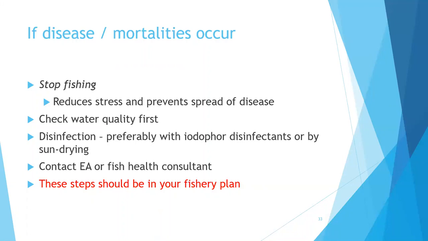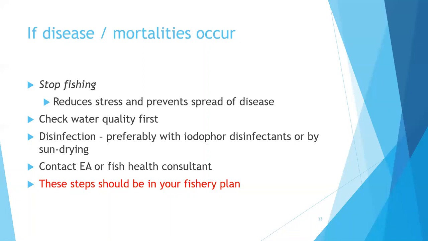Some of these iodophor based disinfectants, or Virkon and things like that, to try and limit the risk of them coming onto your fishery. And then if you start to see a sustained mortality, contact your fisheries officer and get them out to have a look at the health of the fish, and do some checks, and incorporate all this into your plan.